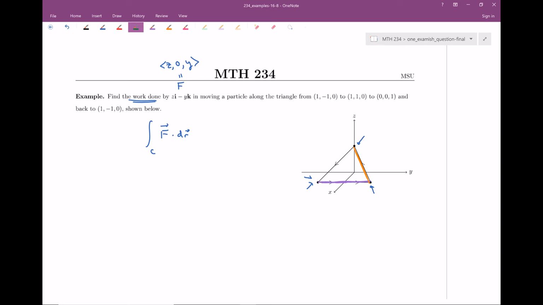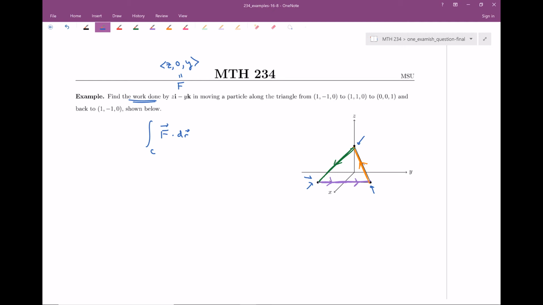And then finally the third piece, do its parameterization, make sure you're going in the correct direction, take its derivative and its dot product. You'd have to do these three calculations, one for each piece of the triangle, because you have to parameterize them all individually. We could do that. It would take some time, but it's possible.